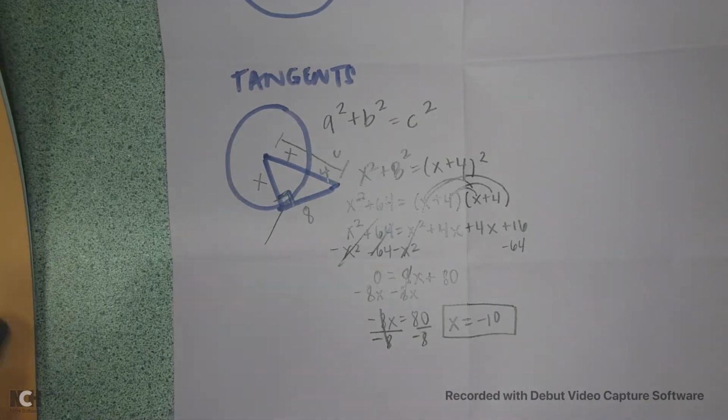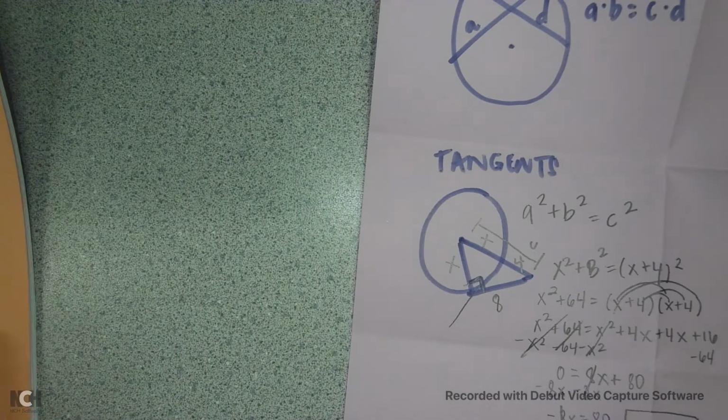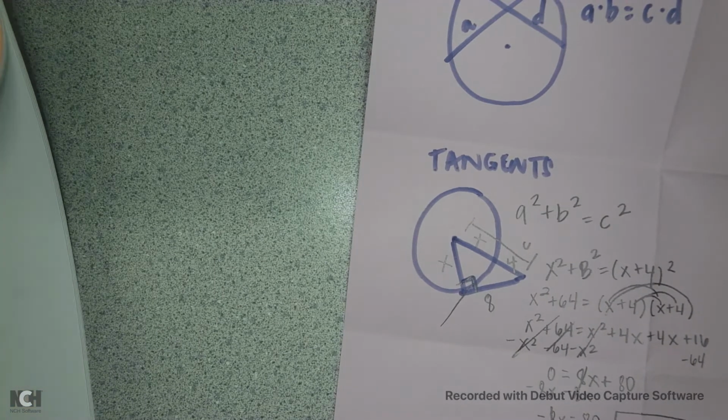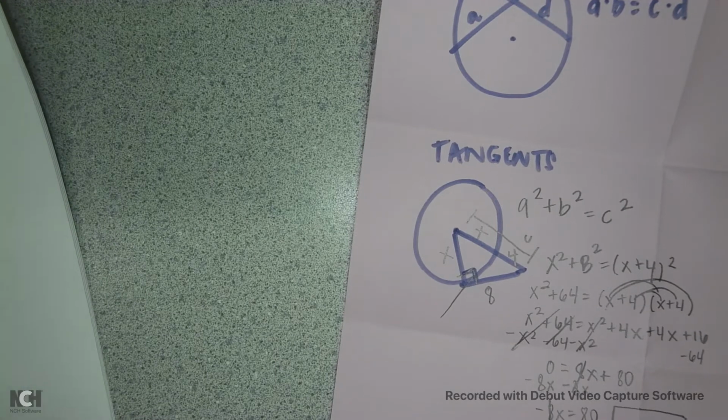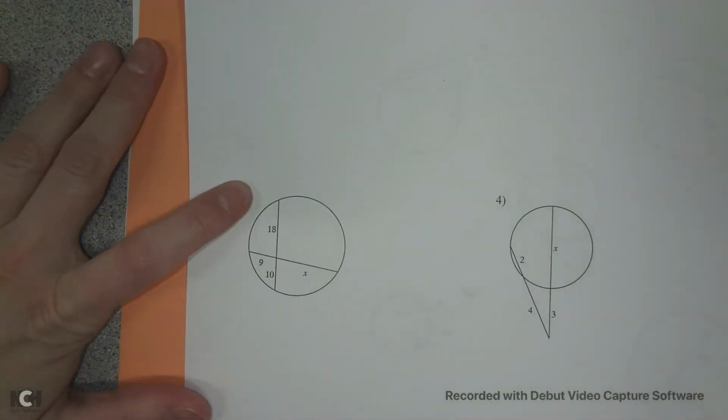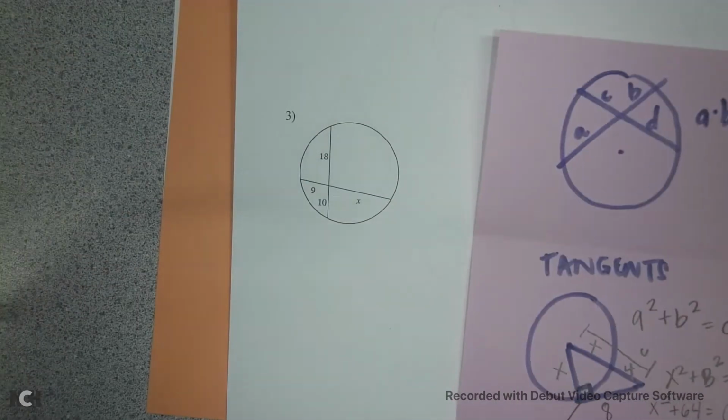Okay, let's practice more. Okay, so we are going to look at page 23. We're going to do number 3 together, and we're going to use this idea that we wrote down first.